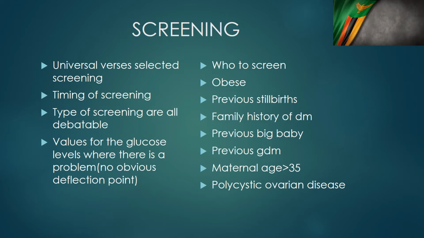There's a lot of debate on the timing of screening, but we need to do this screening somewhere between 24 and 28 weeks. There's debate on what is the sugar that we should make a diagnosis of gestational diabetes on. The debate is there because there's no one sugar where everything goes wrong. The place where the sugar goes wrong is a range.